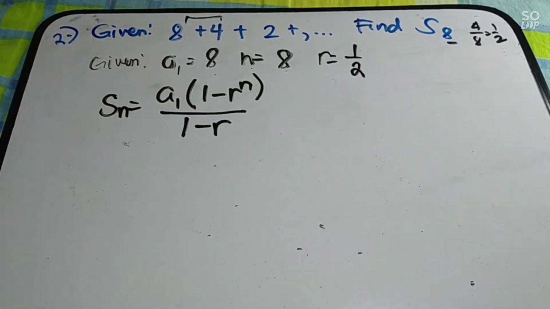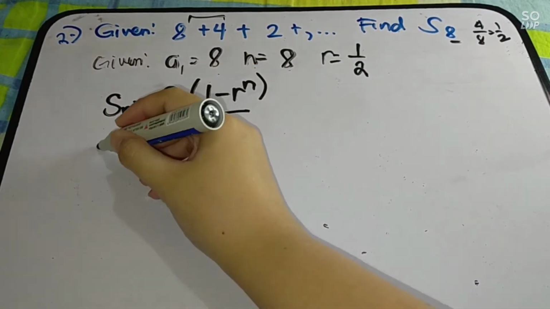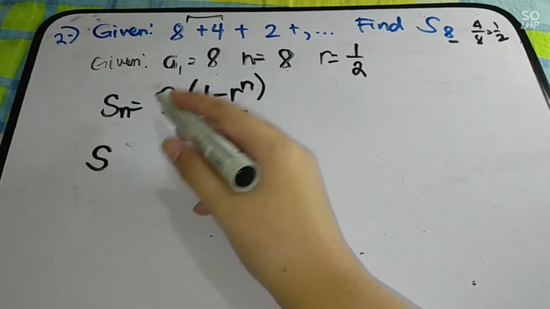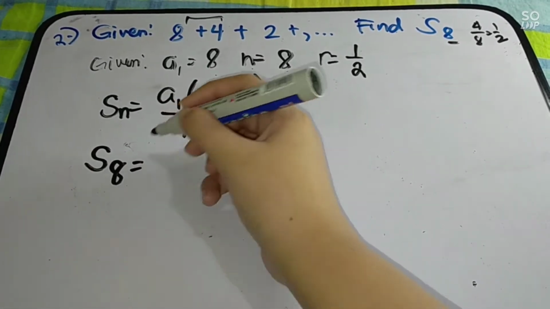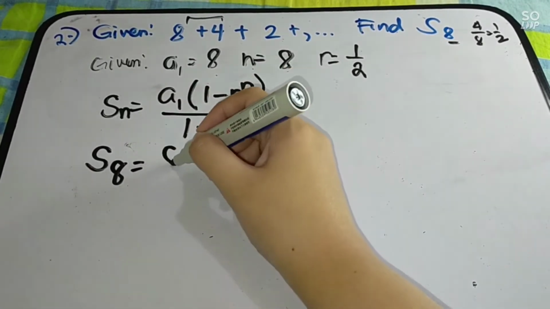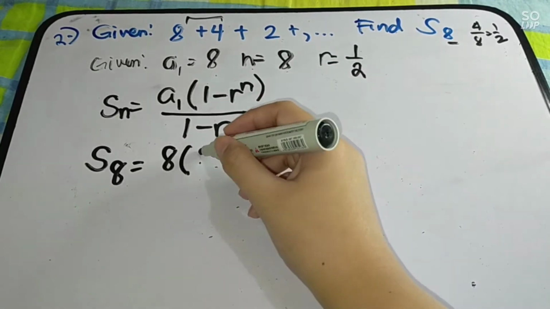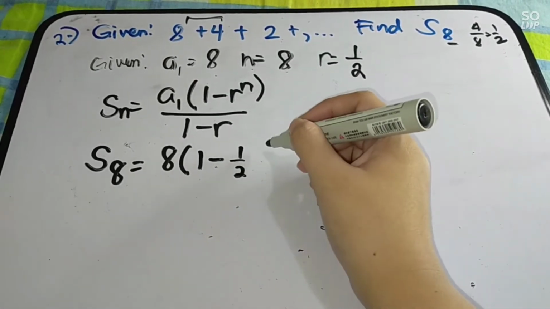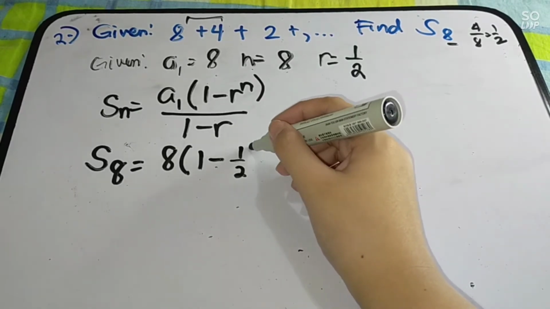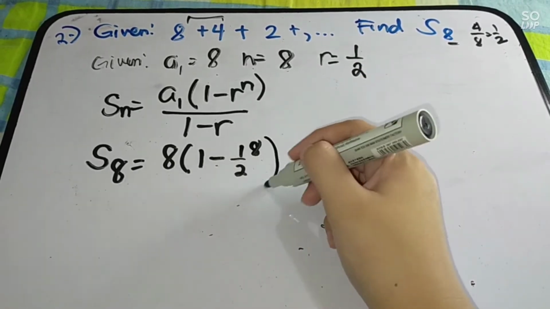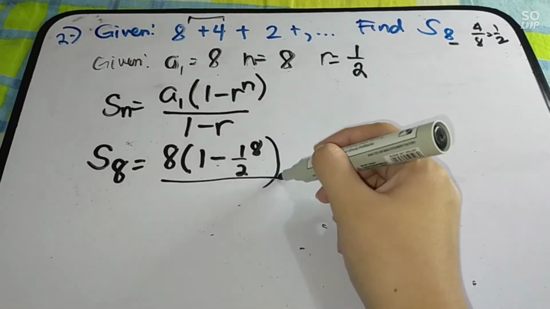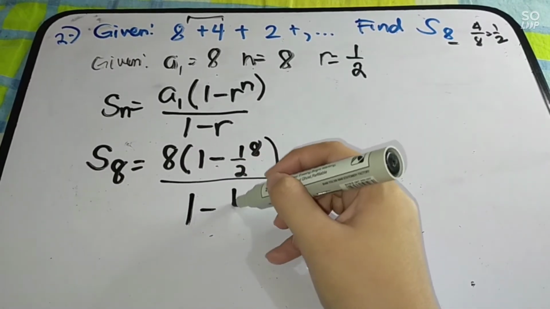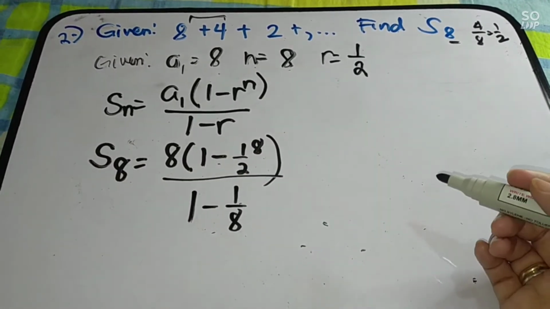Yan. Then, let us substitute. So, we have here S sub, ang n mo, we have here 8, is equal to A sub 1, that is 8, times 1 minus, ang r mo, you have here 1/2, then your n, we have here 8, 1/2 raised to 8, ayan. Then, over 1 minus 1 over 8.